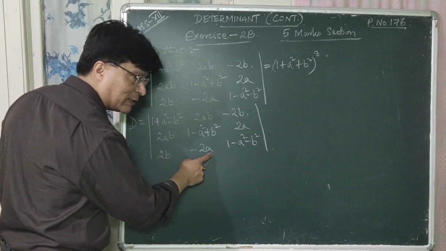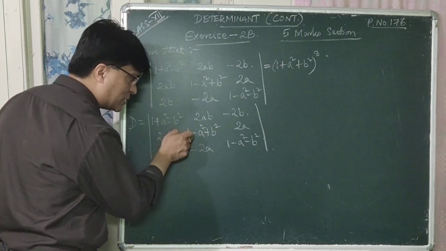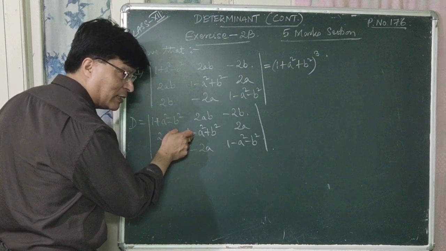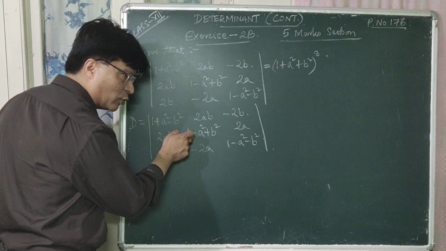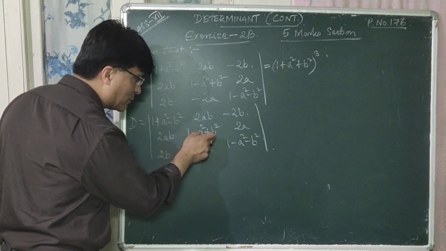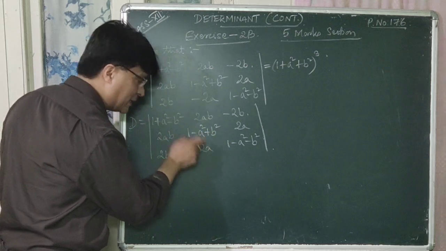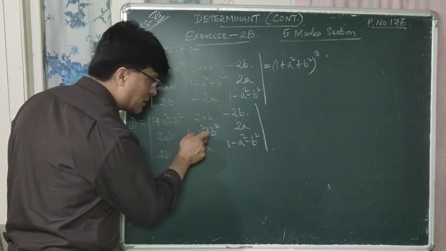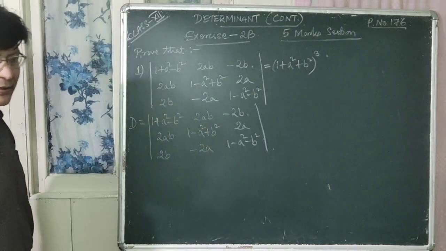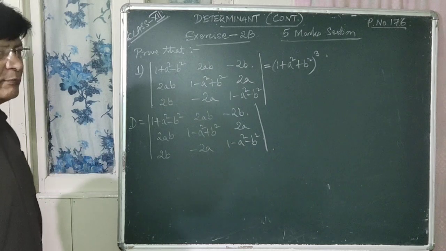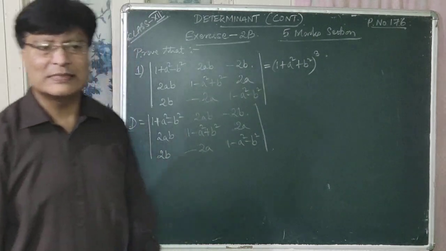Plus 2a square. And if it is added to the second row, what do we get? 1 minus a square plus b square plus 2a square. That means it will be 1 plus a square plus b square, isn't it? So this property may be used for this determinant.